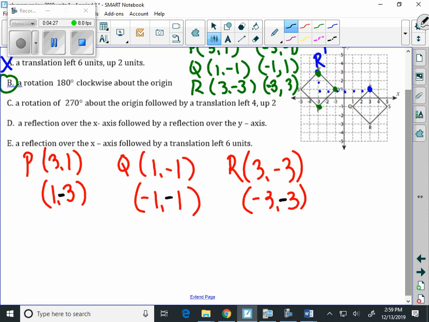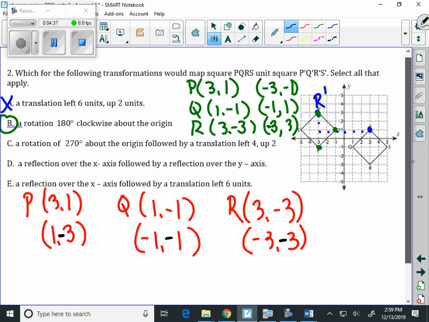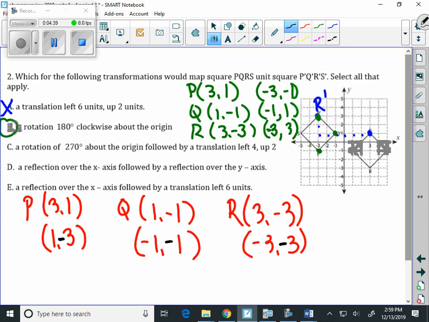So even after all of that, we're going to have to then move this left 4 and up 2. And remember to be really careful on the OST test on this particular problem. But let's start with P here. So 3, 1 is going to become 1, negative 3.